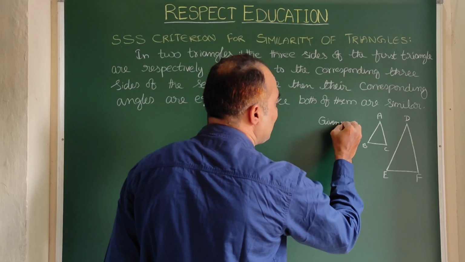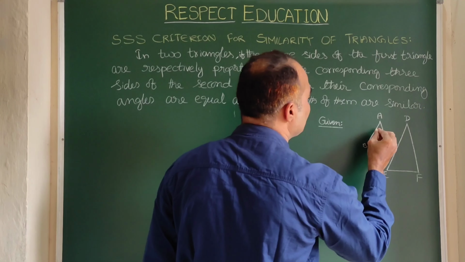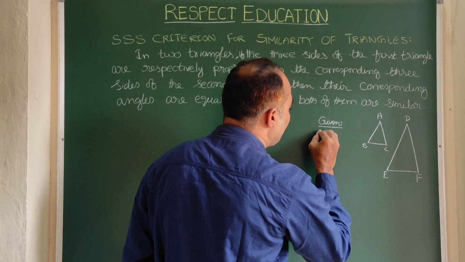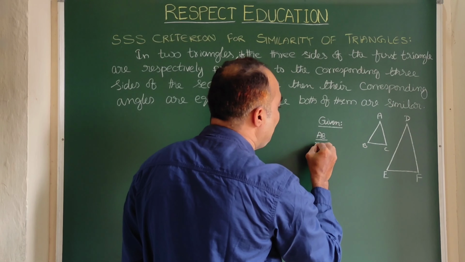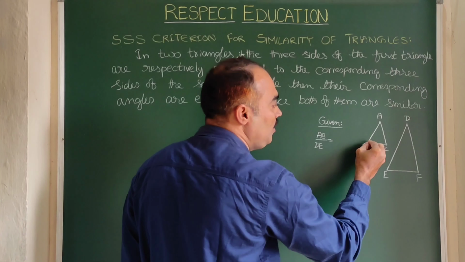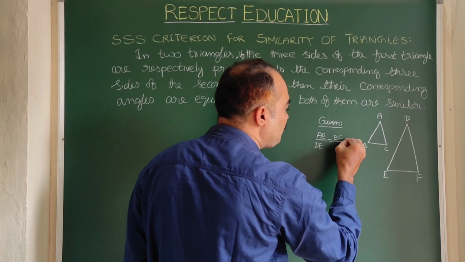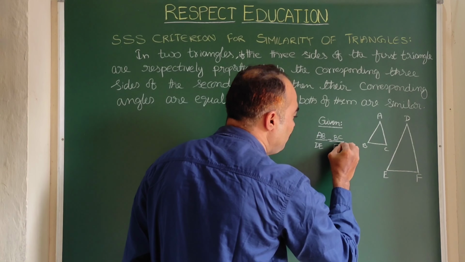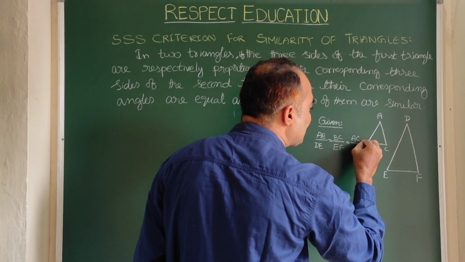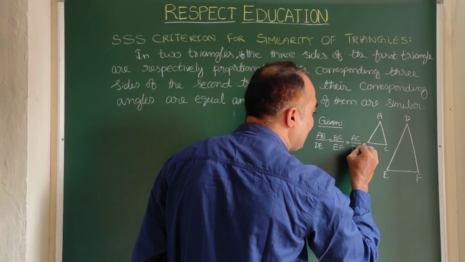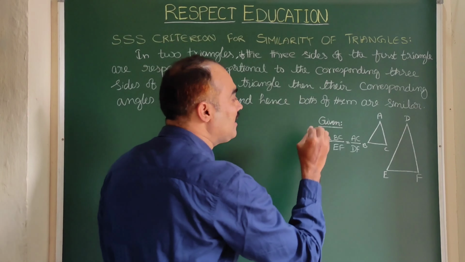Corresponding sides are proportional. That means AB by DE is equal to BC by EF, which is equal to AC by DF. This is the given condition. Let us take this condition as equation number 1.